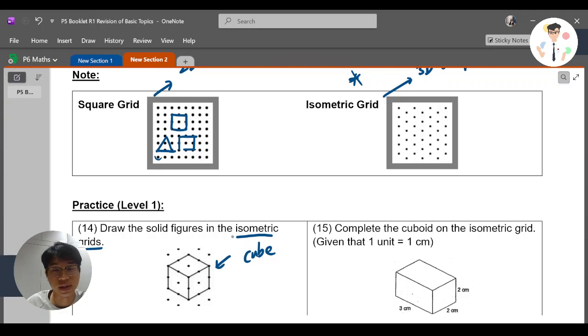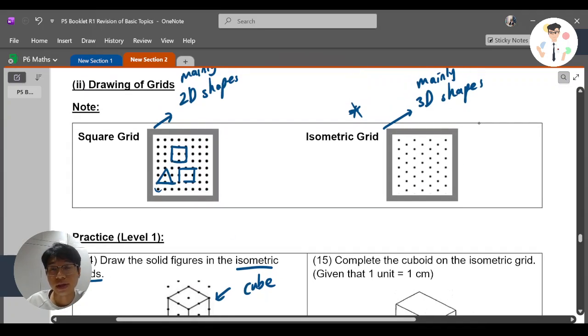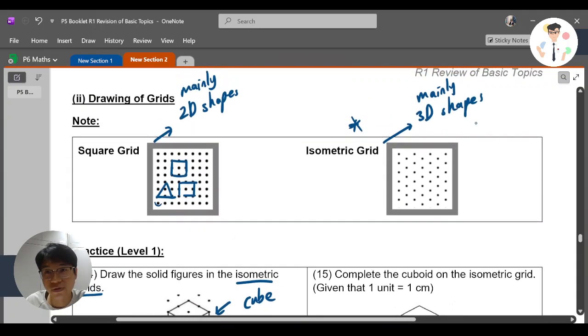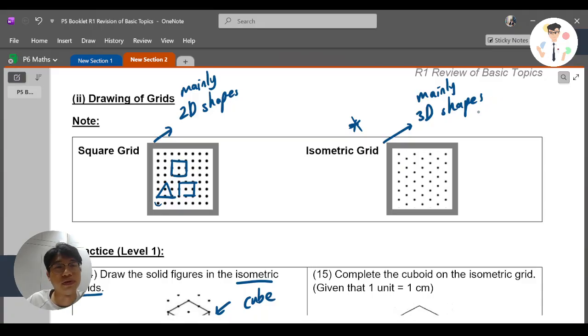Sometimes, although it's mainly for 3D shapes, we also use it to draw parallelograms, trapeziums, and all these things, which you will learn a bit more about later. So just to let you know, 2D shapes and 3D shapes use these two different grids.